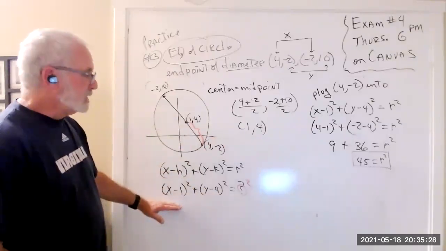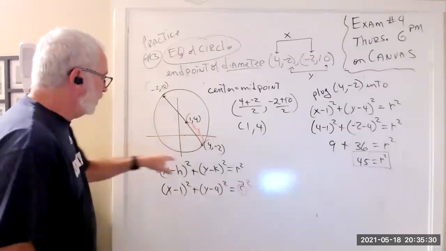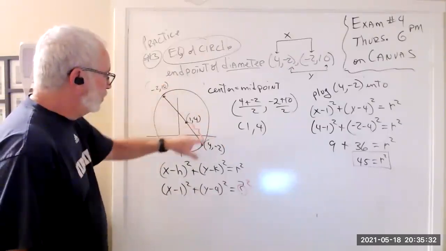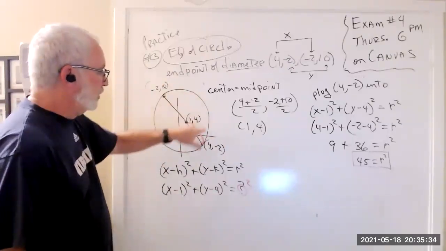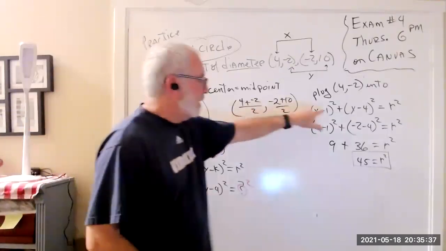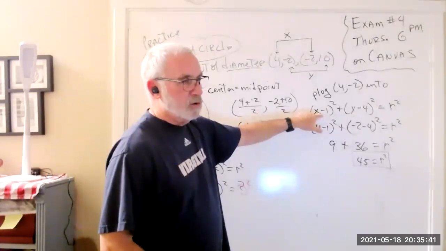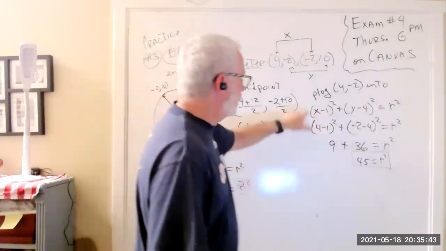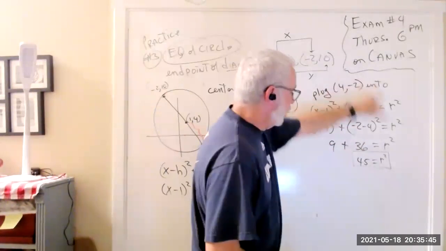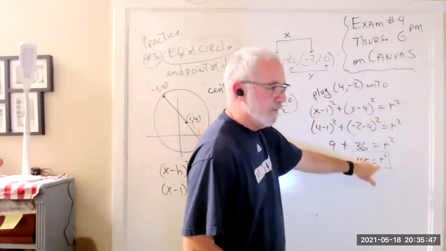Then the next thing I said was, all of these ordered pairs on this circle, I have to be able to plug them in, and they have to make the problem true. So I plugged them in for x and y to help me solve for r squared.